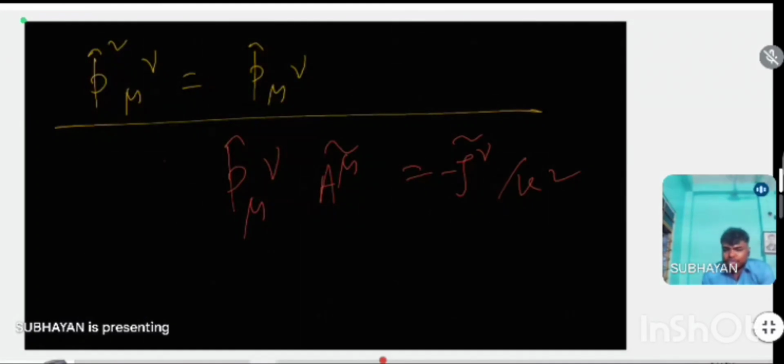This p mu nu is an idempotent operator, and equations with an idempotent operator on the left hand side cannot have unique solutions. So these equations cannot be uniquely solved.